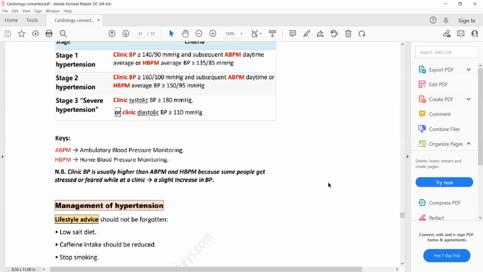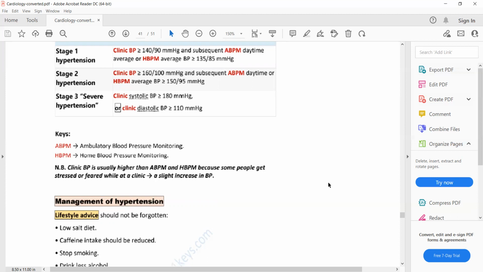For stage 1 and stage 2, clinic BP of 140 and 160, and home blood pressure or HBPM of 135 over 85 is stage 1, and 150 by 95 is stage 2. It's important to remember the stages of hypertension because the management of different stages is different.